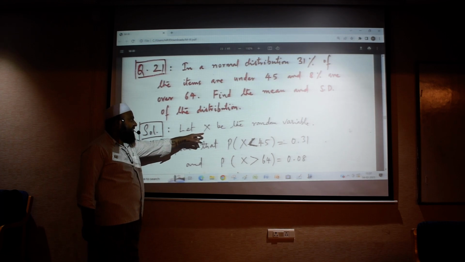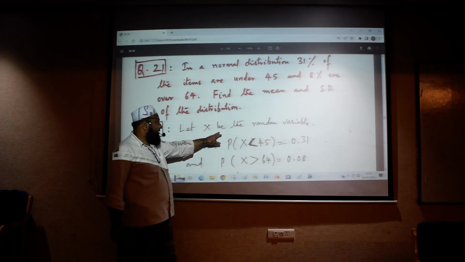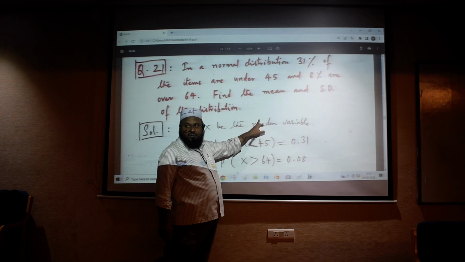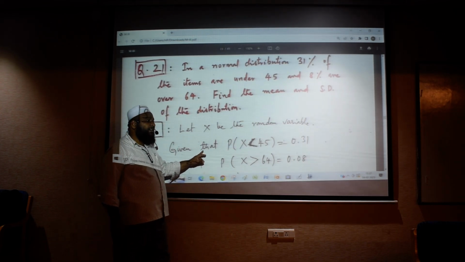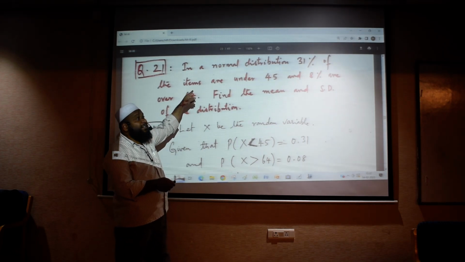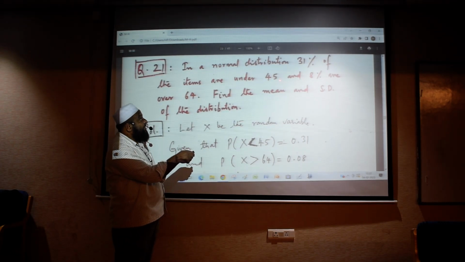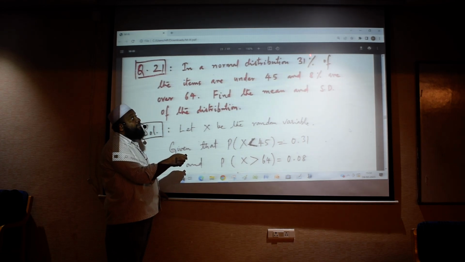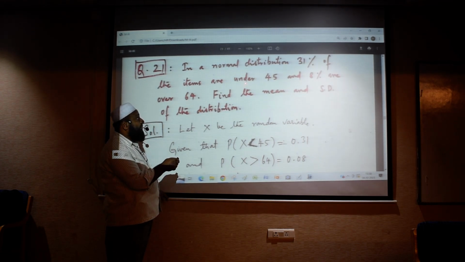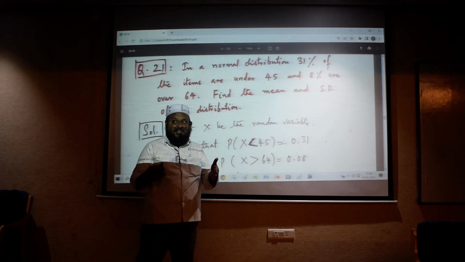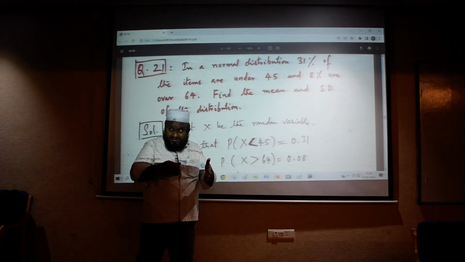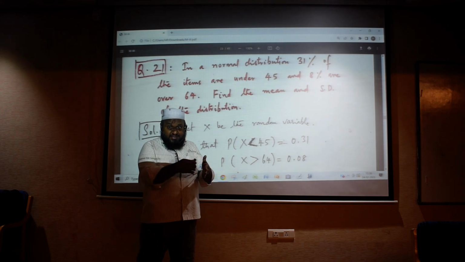Let X be the normal random variable. Now you need to see this information. 31% of items are under 45, meaning X is less than 45.